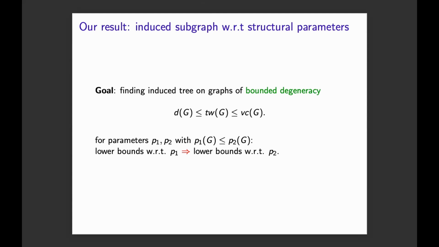It's also worthwhile to mention that a lower bound with respect to a parameter like degeneracy also implies a lower bound with respect to parameters like treewidth and vertex cover of the graph.